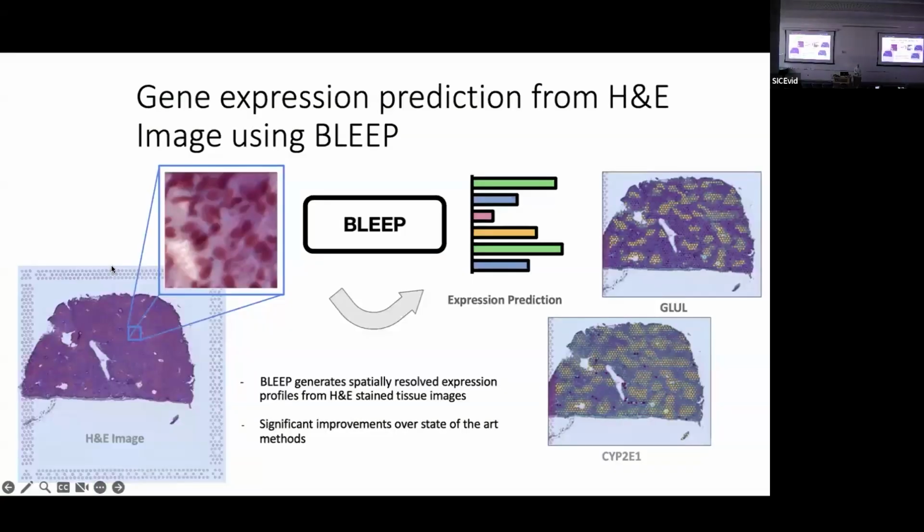So the idea with this project is we wanted to take spatial transcriptomics data where we have an image of a tissue, in this case a slice of human liver tissue, stained with H&E staining, which is a standard type of stain that stains different cellular structures. That image in spatial transcriptomics is typically used just for quality control, but there's a lot of interesting information here.